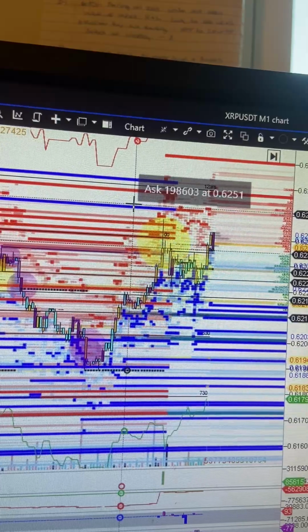Could be small. It's probably going to be small because when you compare the two, there's a lot more buy than sell. 7,1.98, yeah, it's a lot more. And these are actually most recent orders.